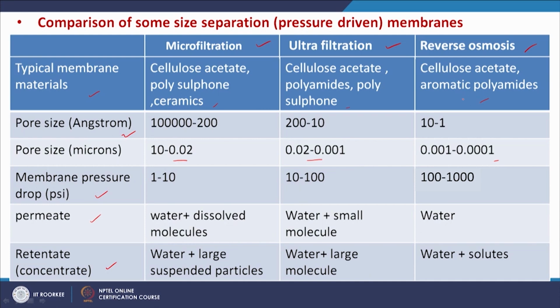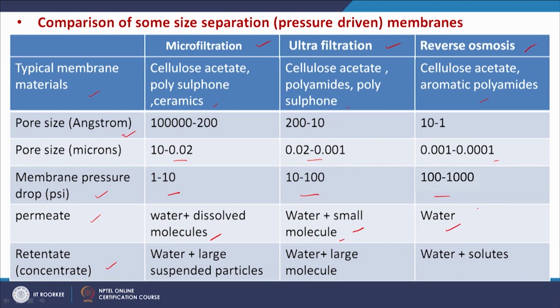Certainly it will require different pressure: the membrane pressure drop is 1 to 10 PSI here, 10 to 100 here and 100 to 1000 here. The permeate in microfiltration may be water and dissolved molecules, in ultrafiltration water plus small molecules, and in reverse osmosis only water.